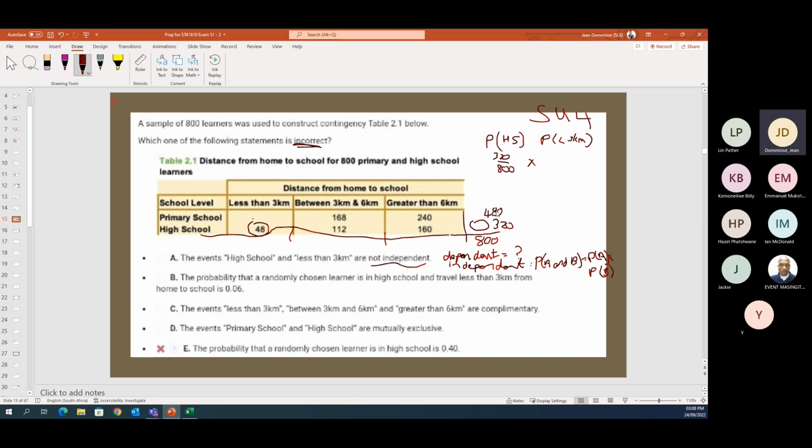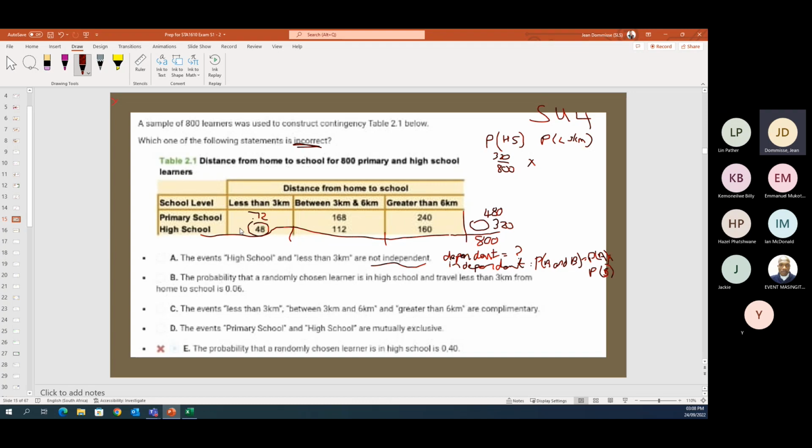Then we can say 480 minus 240 minus 168. That gives us the primary school learners that are less than 3 kilometers, but we want the total of that.